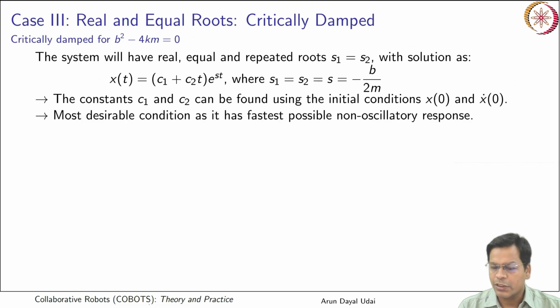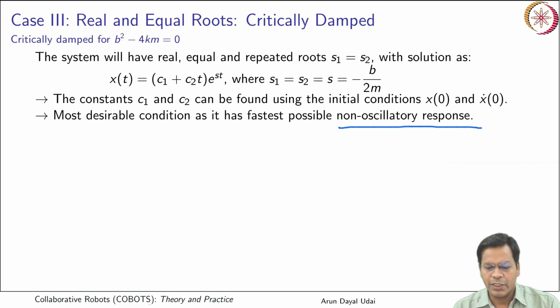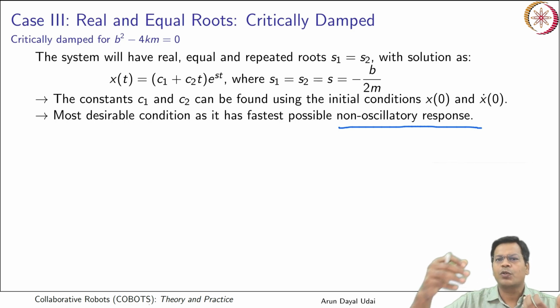Okay, so this is the most desirable condition as it is the fastest non-oscillatory response. So the system is not at all oscillatory in any case, and it quickly comes to 0. So this is the behavior you want. You know, what you are doing with all these systems, you have commanded your robot to go to a place.